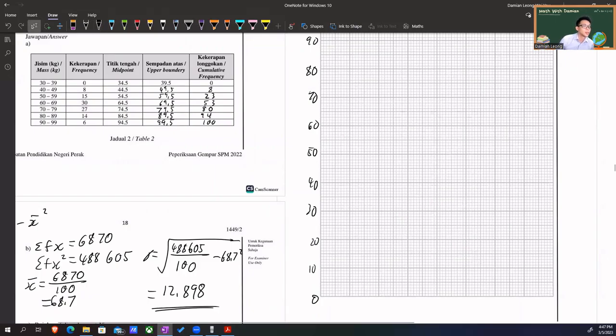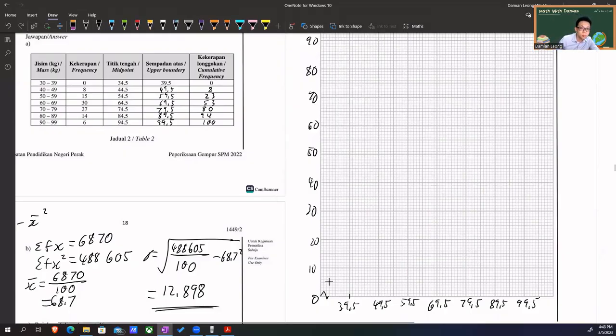And you don't have to start all the way on the left actually. But usually I will disconnect this, then start here, the first upper boundary with the frequency of 0. So it's 39.5, then 49.5, 59.5, 69.5, 79.5, 89.5, 99.5. Just go up to 99.5 is fine.